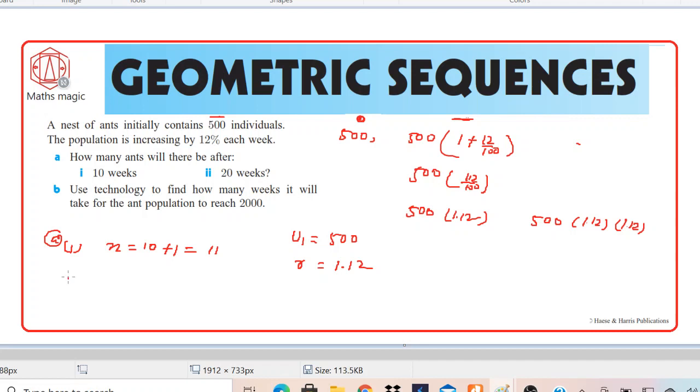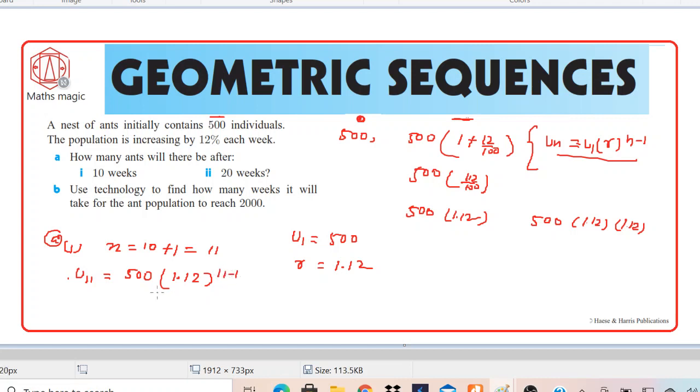Okay, now let's find the population after 10 weeks. So it is actually U11, and you remember the formula I told you? The formula was Un equals U1 times r to the power n minus 1. Hope you can recall this. So U11 equals U1, which is 500, times 1.12 to the power n minus 1, which is 11 minus 1.